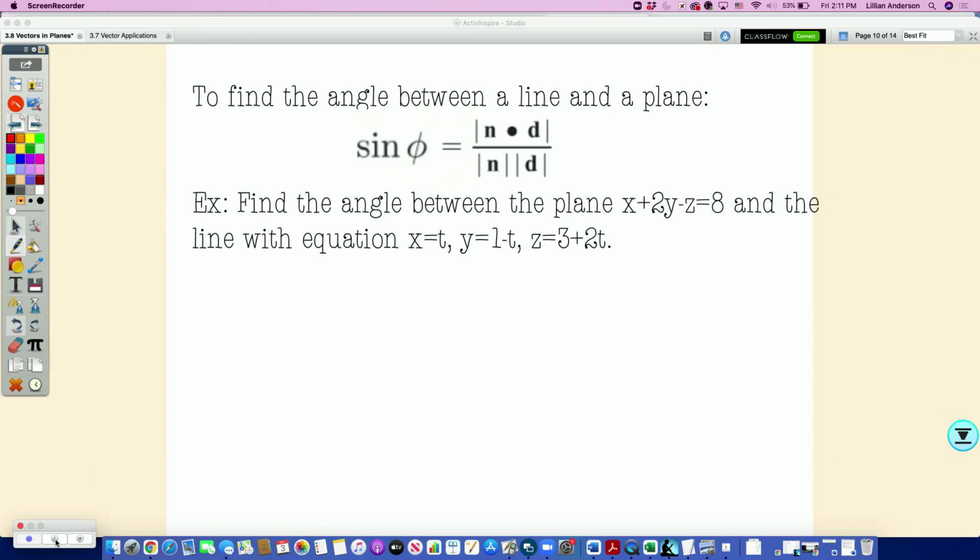That's a few formulas. To find the angle between a line and a plane, it is sine phi is equal to the absolute value of the dot product of the two divided by the magnitude of the two. And we're going to do this example here. We're going to find the angle between a plane and the line.